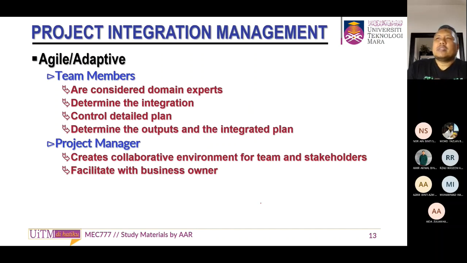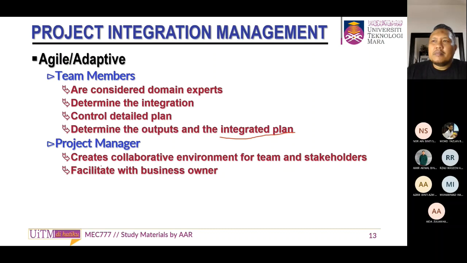All right, in project integration management, in terms of agile or adaptive process, team members are considered domain experts and determine integration, control in the detailed plans, and then determine the outputs and the integrated plan. Okay, this is for the team member.